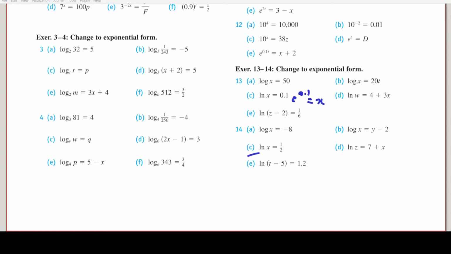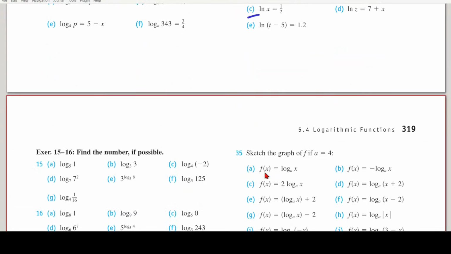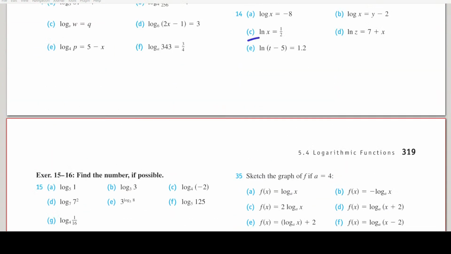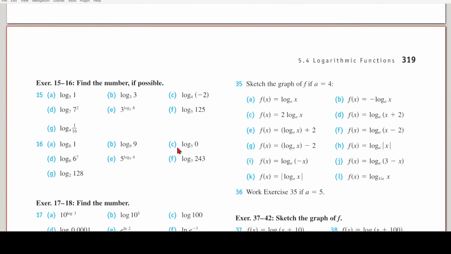Okay, sir. x equals e half. E power half, very good. Now do this 15a.